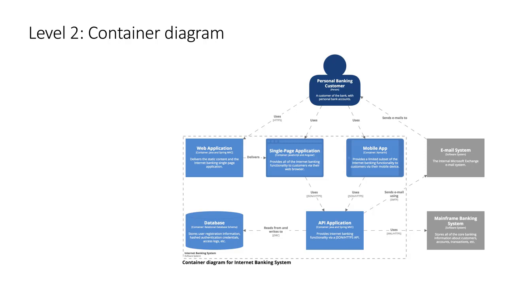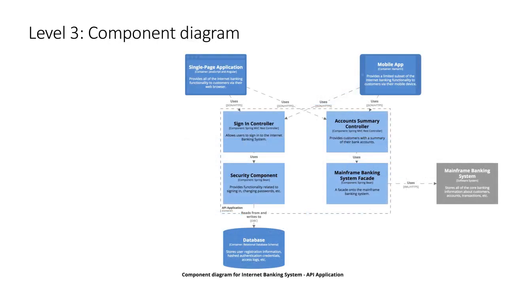Once the container diagram is ready, we can again zoom in and see exactly what is happening in the API application using a component diagram. The component diagram shows how a container is made up of a number of components, what each of those components are, their responsibilities, and the technology implementation details.